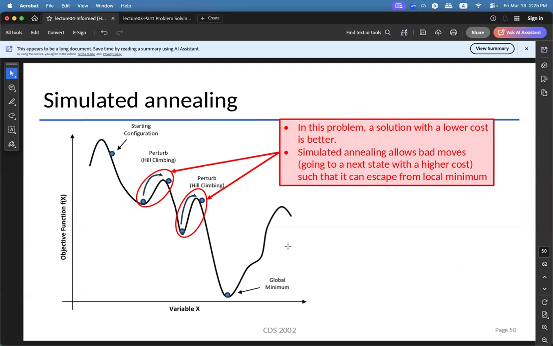Okay, any questions? But that is as long as the domain of the variable x, the horizontal one, is not from negative infinity to positive infinity. It must be defined, otherwise it will still go on, right?